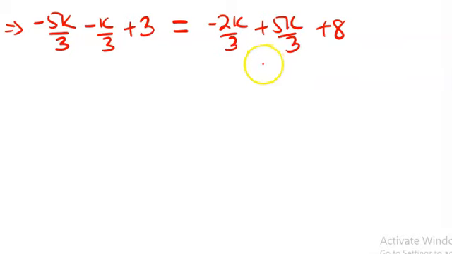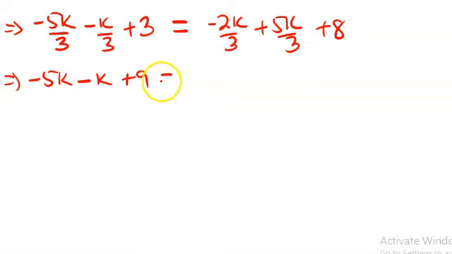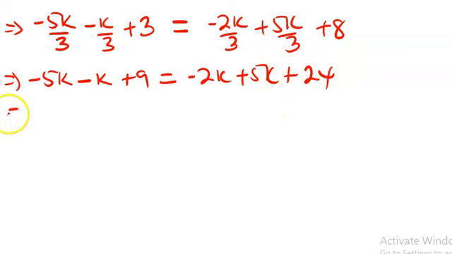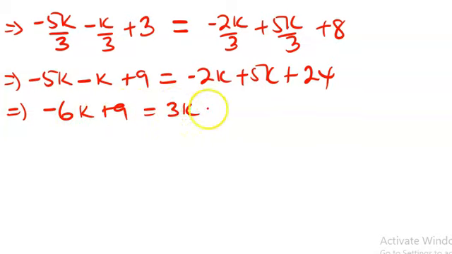The LCM is 3, so we multiply through by 3. Minus 5k minus k, then 3 times 3 gives us 9, is equal to minus 2k plus 5k plus 3 times 8, 24. So we have minus 6k plus 9 is equal to 3k plus 24.